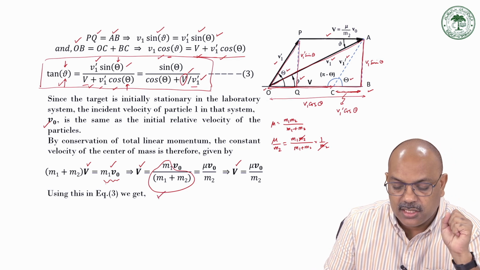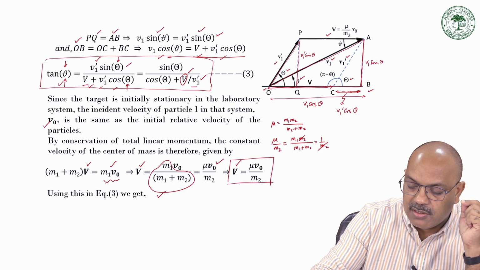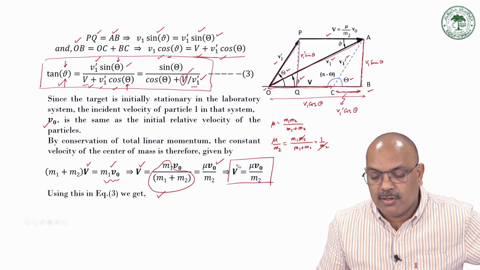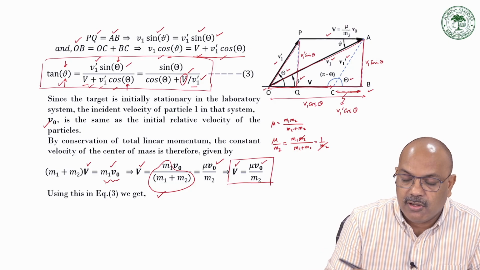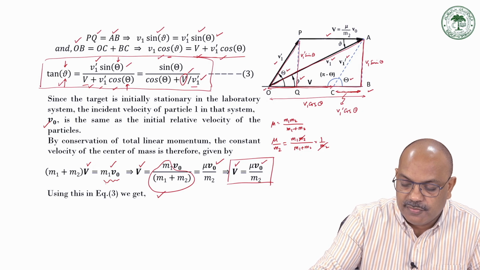So I can write this in terms of the reduced mass. This is one important relation which we are going to use, relating the velocity of the center of mass and the velocity of particle 1 in terms of particle 2.